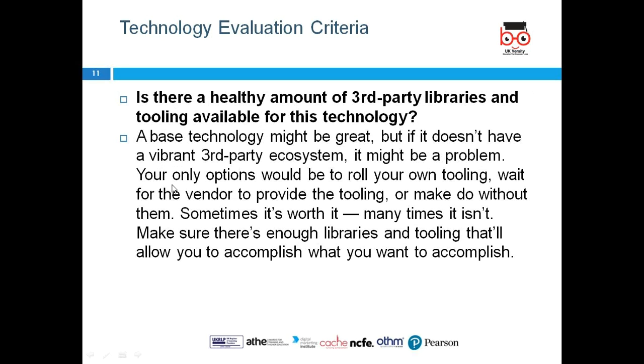Is there a healthy amount of third-party libraries and tools available for this technology? So the third-party libraries, if you want to integrate additional modules, additional things, are they available or not?